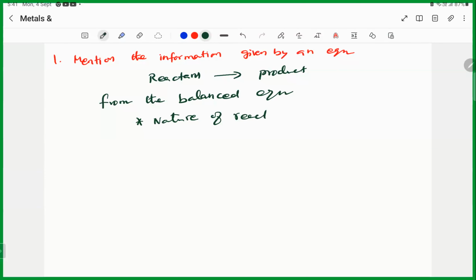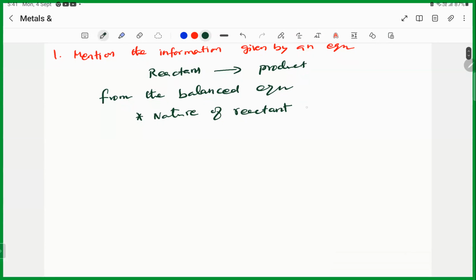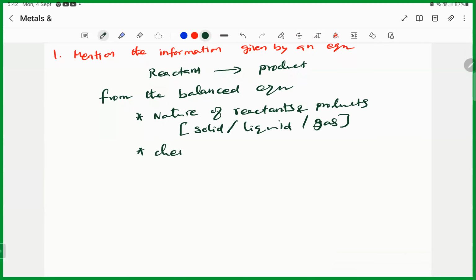Nature of reactant and product means whether solid, liquid, or gas, physical state. Okay. And then chemical formula of the reactant or product. And then the third one, types of reaction.